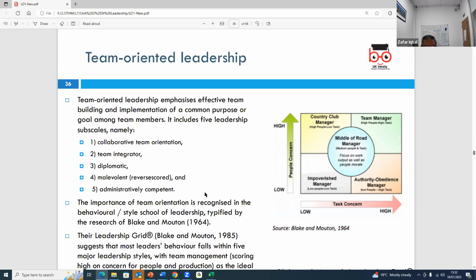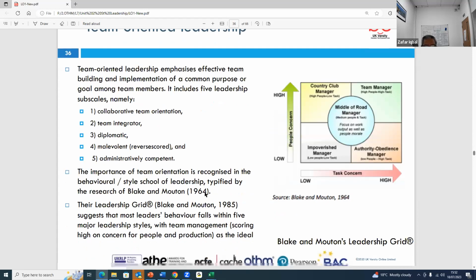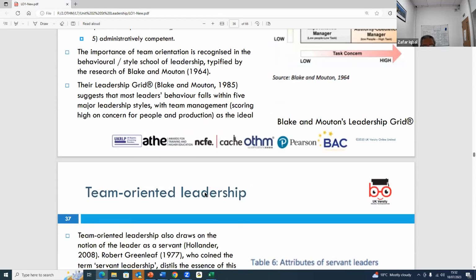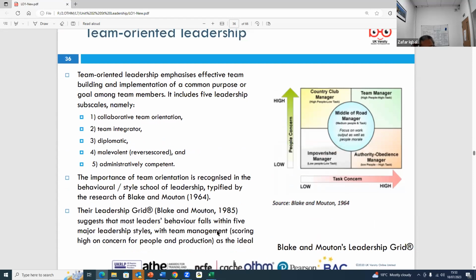They suggest that leaders' behavior within these leadership styles comes together as an ideal team leadership style. So they are very much oriented into drawing on a leadership style that is suited to the requirements of the team, right?